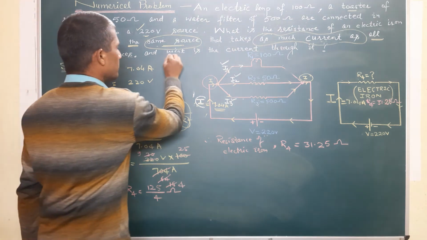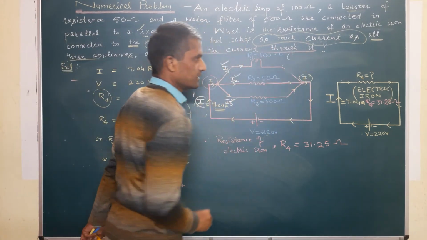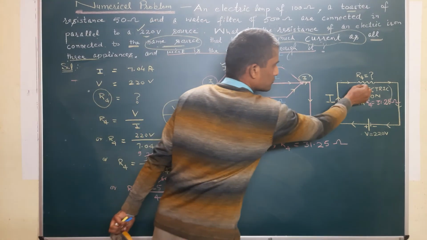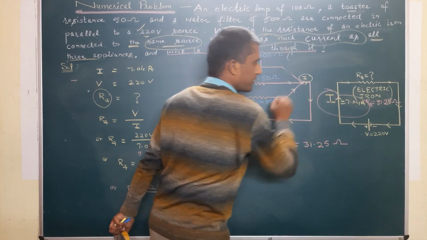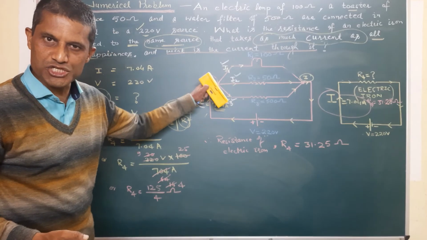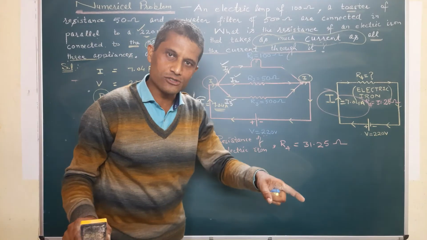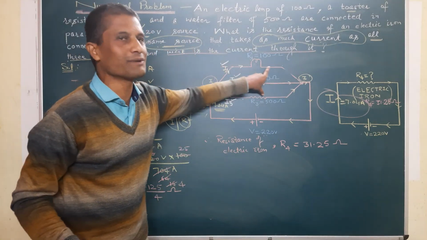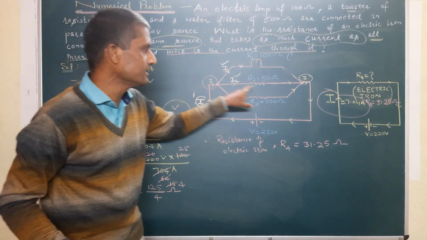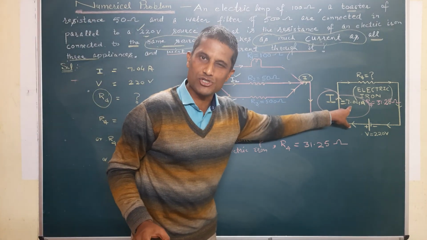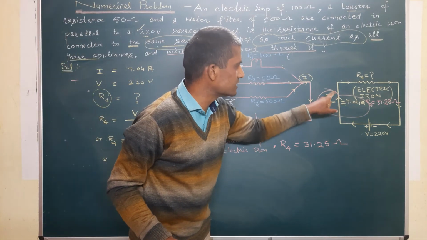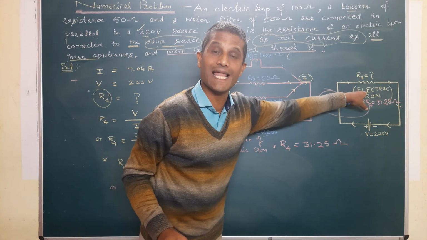And second, what is the current through it? What is the current flowing through the electric iron? We have already got it, because it was mentioned in the statement that the current flowing through the electric iron is always equal to the total current flowing through this combination, and the total current I we calculated is 7.04 ampere. It means this current will flow through the electric iron.